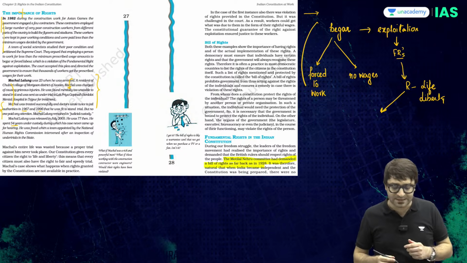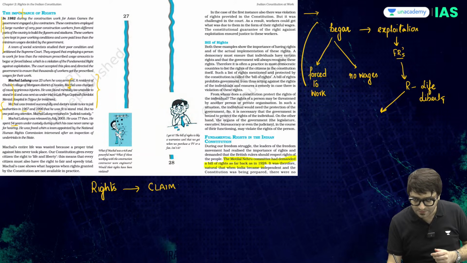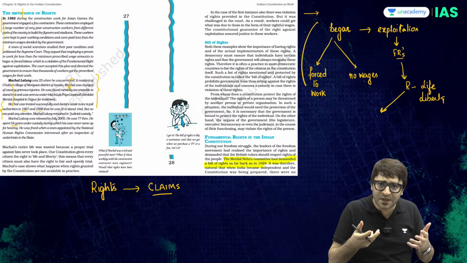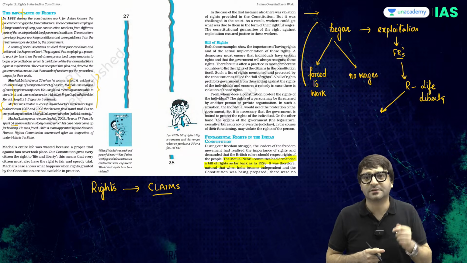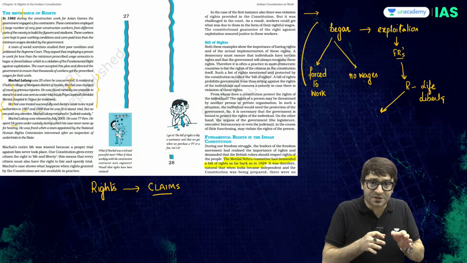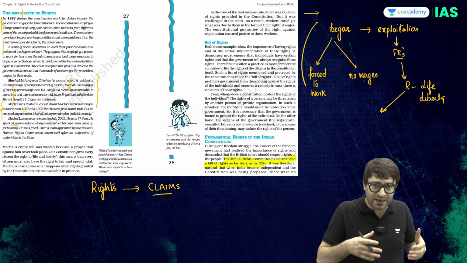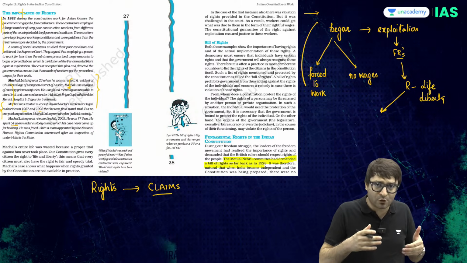But for that you need to understand, although not mentioned in this book, what are rights? Rights are basically claims, and you can claim these rights from the state. What can you claim? Don't deprive me of my right to life and personal liberty. Don't discriminate against me. Don't deny me equality.